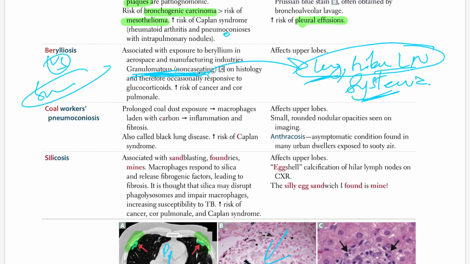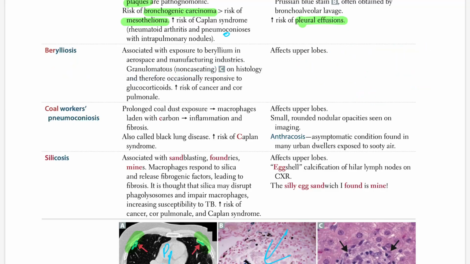But here you have non-caseating, so you think more about sarcoidosis. Let's just review berylliosis: it is beryllium, these industries, non-caseating granulomas, and it affects the upper lobes. And that's all for berylliosis.